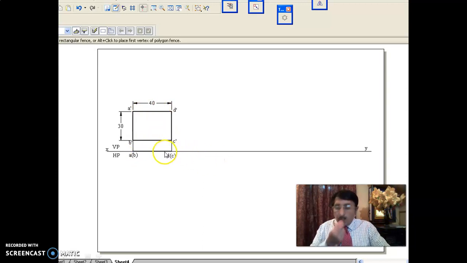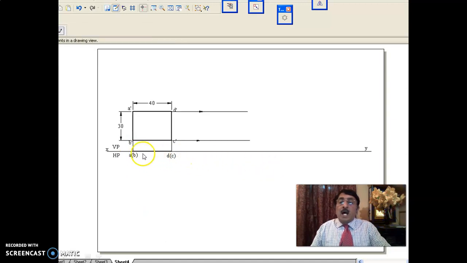I'll repeat. See here, 30 mm is perpendicular. This is 40 mm. Now I can pull it this way or I can pull this way also. If I pull this way, AB will be in VP. If I pull this way, DC will be in VP. I can make either AB in VP or DC in VP. Once I start pulling it, the top view remains the same.